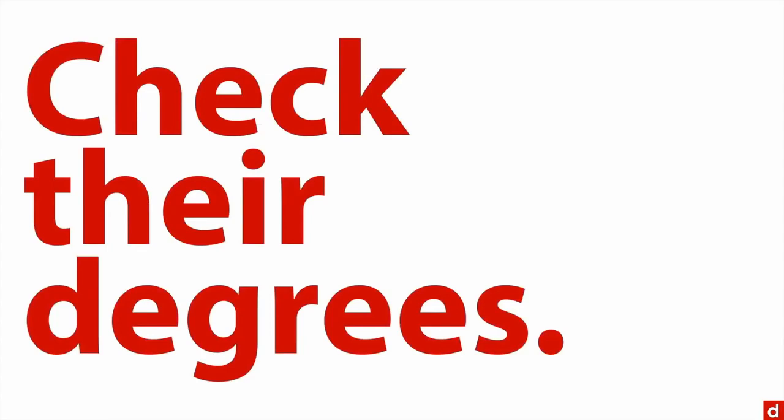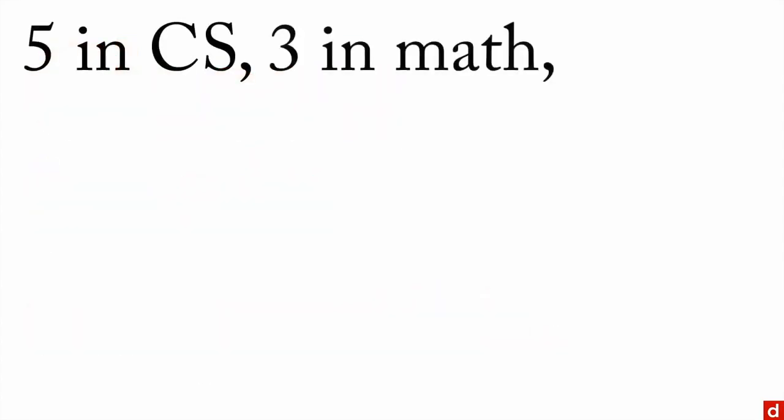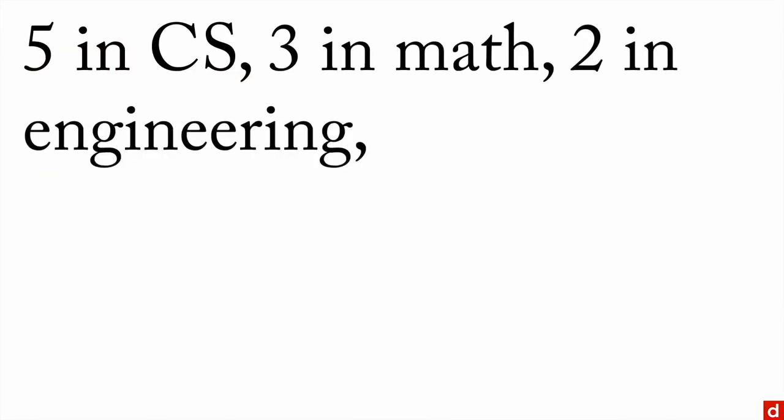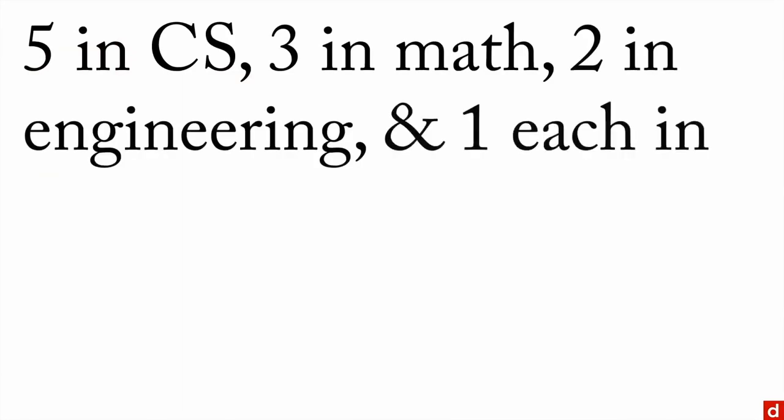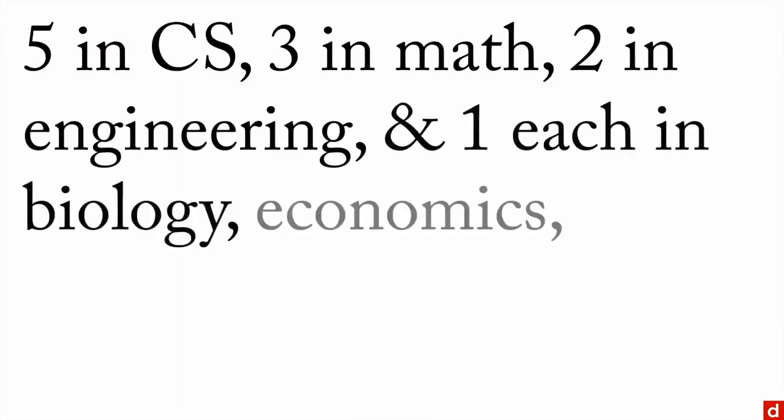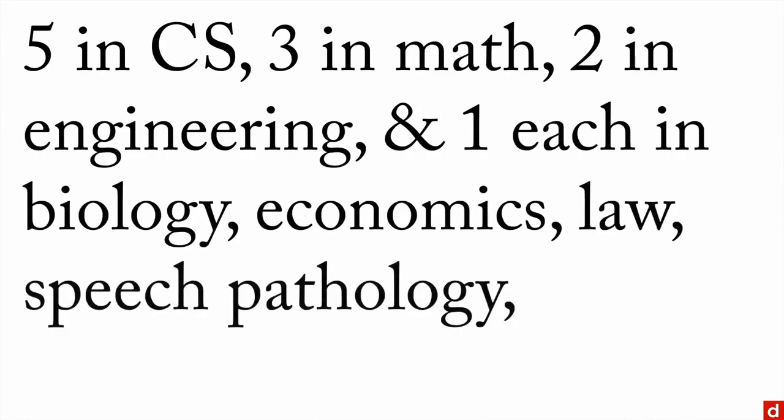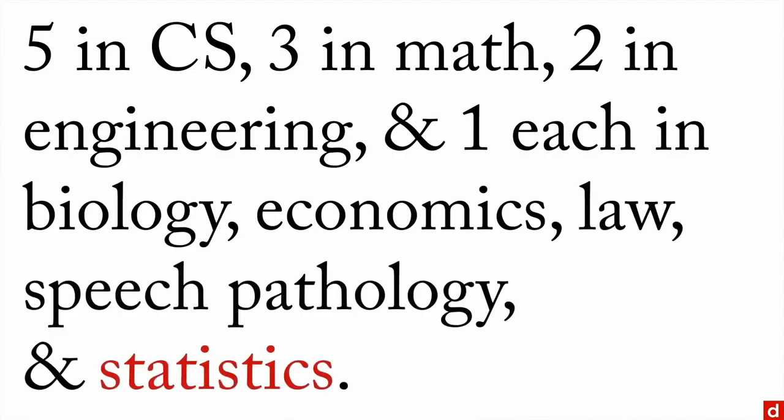If we take all the people on this list, we have 5 degrees in computer science, 3 in math, 2 in engineering, and 1 each in biology, economics, law, speech pathology, and 1 in statistics. And so that tells us, of course, that these major people in data science are not trained as statisticians. Only one of them has formal training in that.